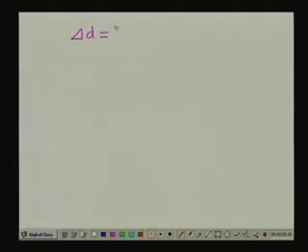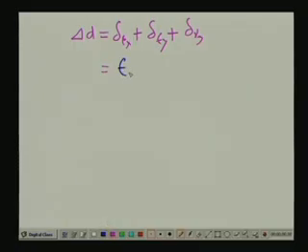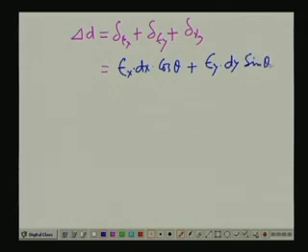This is given by the extension due to epsilon x plus extension due to epsilon y plus extension due to gamma xy, and these are given as epsilon x dx cos theta plus epsilon y dy sin theta plus gamma xy dy cos theta.